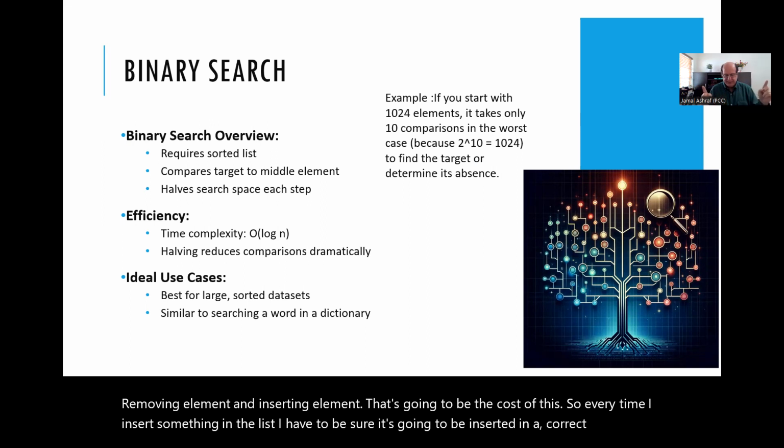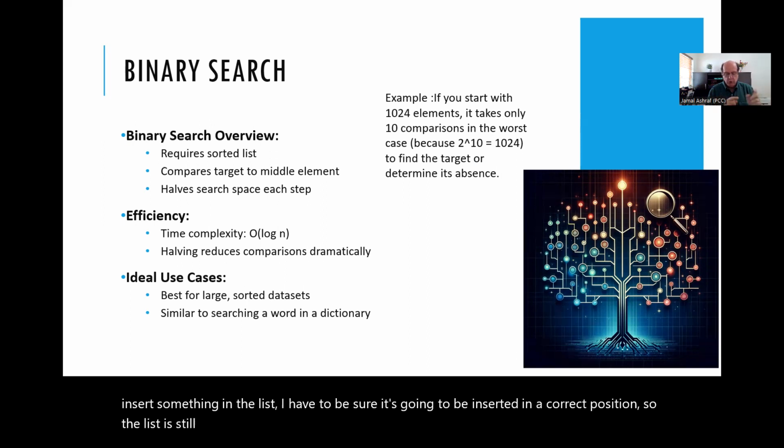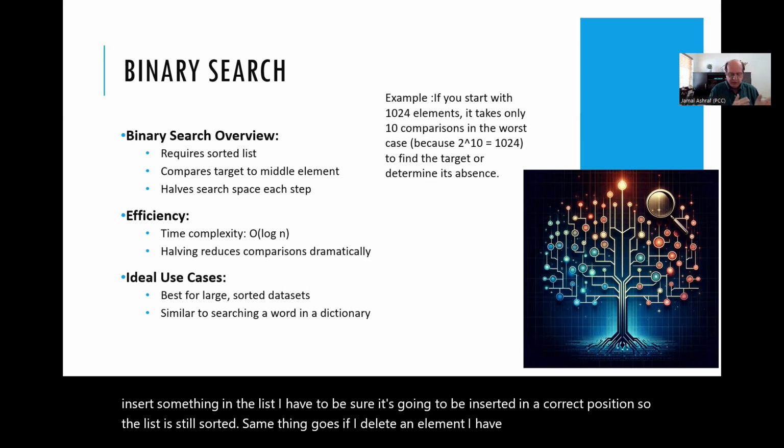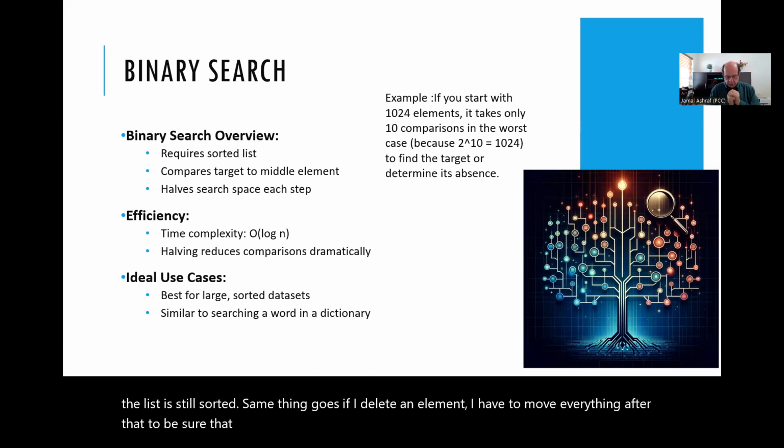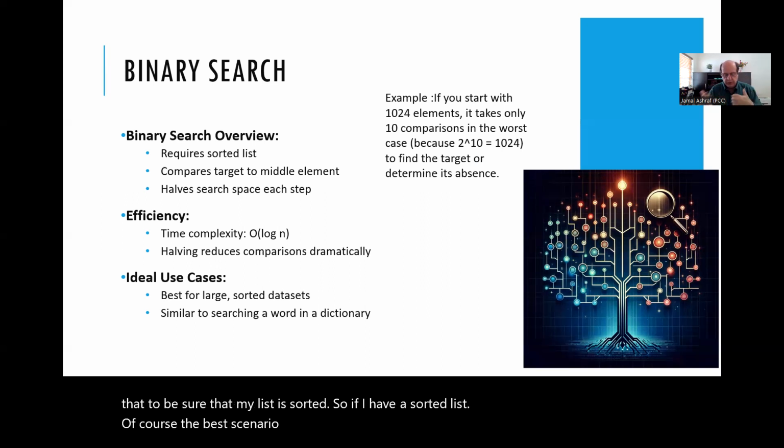So the list is still sorted. Same thing goes if I delete an element, I have to move everything after that to be sure that my list is sorted. So if I have a sorted list, of course, the best scenario is going to be something that we are not going to be modifying too many times.